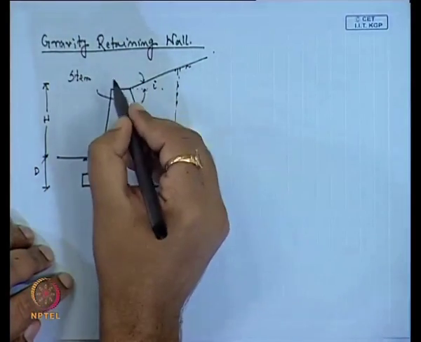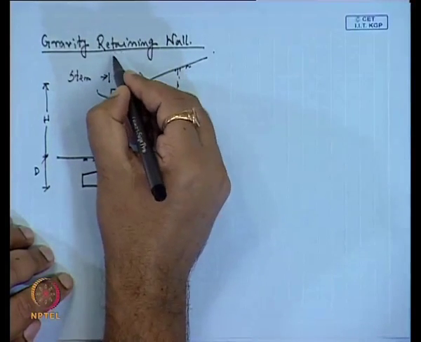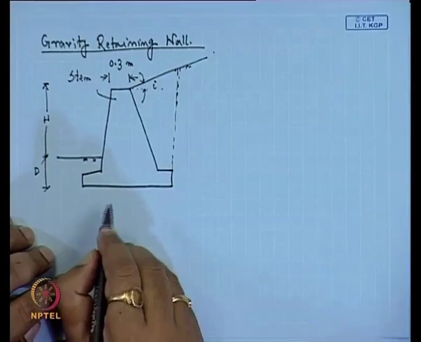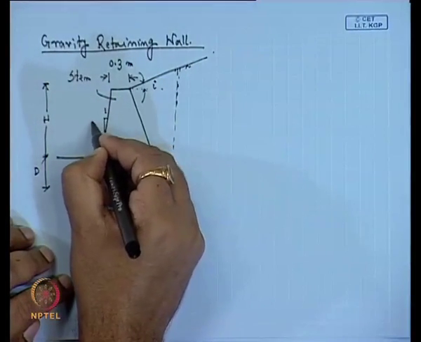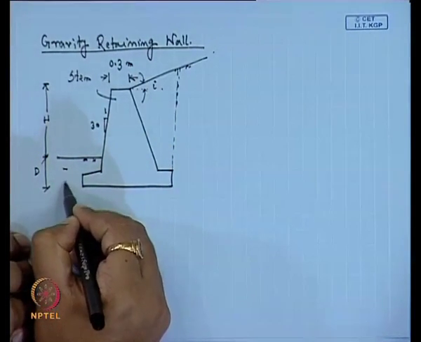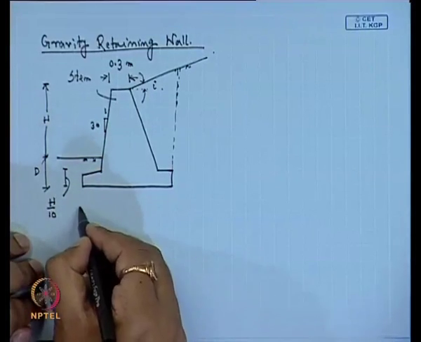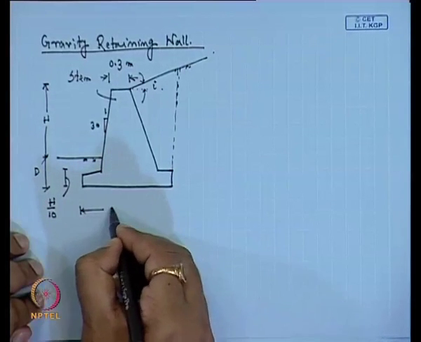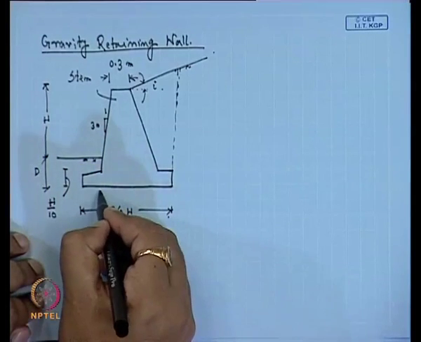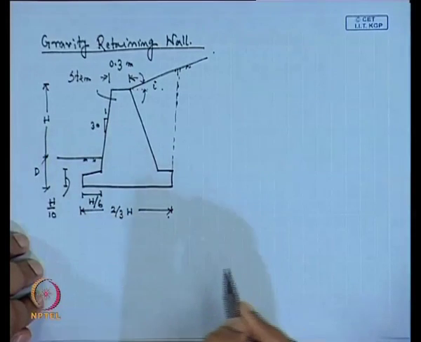Now, for the guideline provided, for this top portion take around 0.3 meter or 300 millimeter. Now, the slope is 1:30. The height of this base is taken as h by 10. With this guideline, we can consider 2/3 of h, and this extended portion is taken as h by 6.